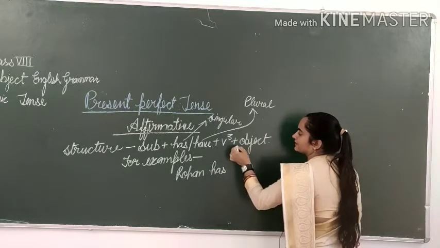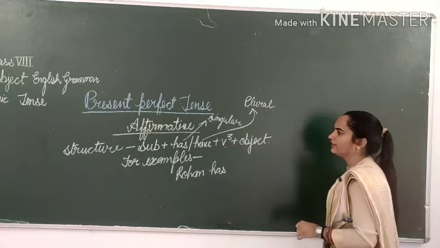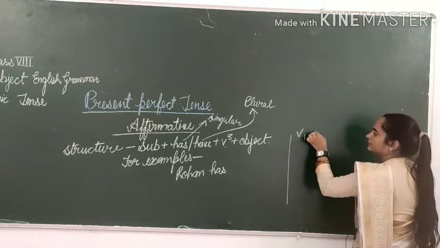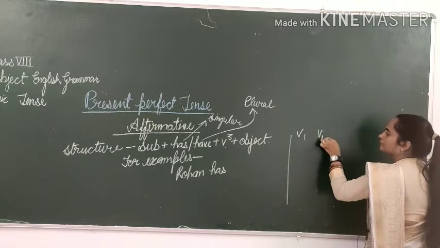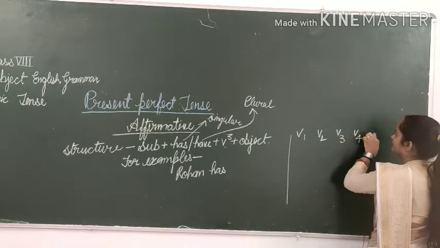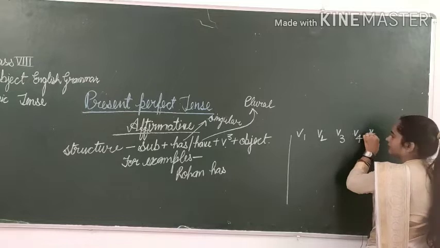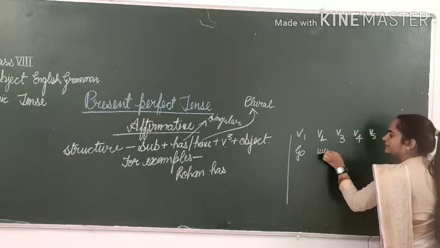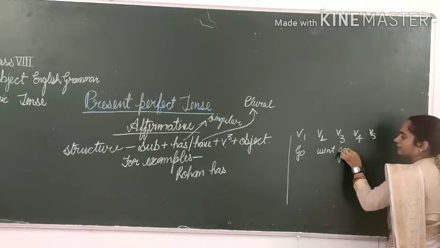Rohan has. Then MP3. What is MP3? Let's define. Means V1, V2, V3, V4 and V5. Go, went, gone.